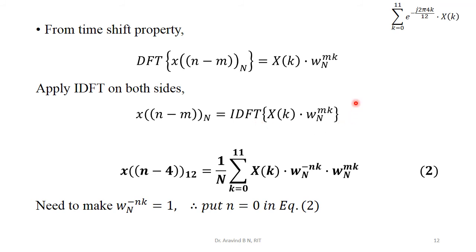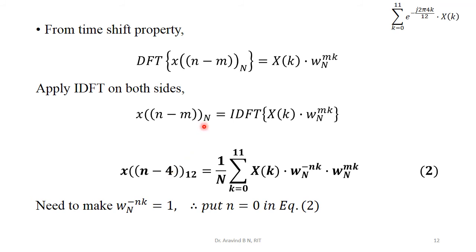If we expand this IDFT realization of the time shift property, we end up with this representation. On the left hand side, by comparing with this, we can say the m value is equal to 4. Therefore, in place of m, it has simply been taken as 4.